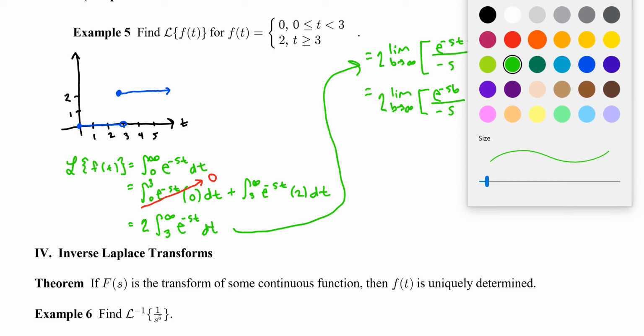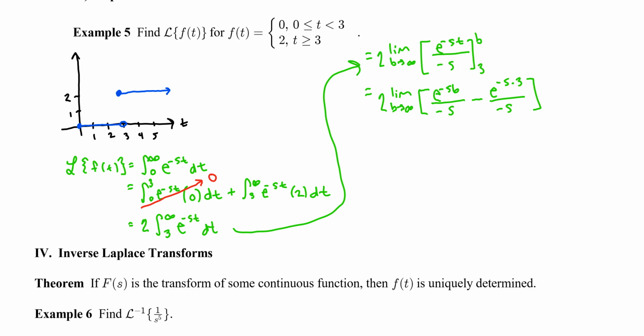Looking at evaluating our limit, as b approaches infinity, e to the negative infinity goes to 0. And evaluating the exponent here on the right, we're going to have 2 times the limit as b approaches infinity of e to the negative 3s over s. Those two negatives are going to cancel. s is constant with respect to t, so we have the limit of a constant, and that gives us a constant.